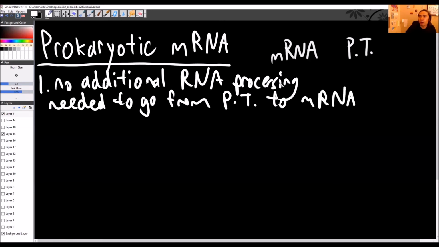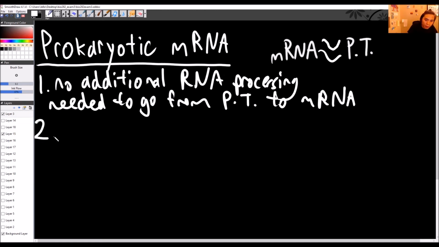Whereas in eukaryotic cells, you need to put on the 5' cap, you need to put on the 3' tail, you need to cut it up a bunch, and that's splicing. You don't do any of that. If the primary transcript is meant to form the mRNA, it'll just be the mRNA. Now, the primary transcript is not always mRNA. Prokaryotes still need to make rRNA and tRNA. But if the primary transcript was meant for mRNA, you don't need to do anything. It's just mRNA.